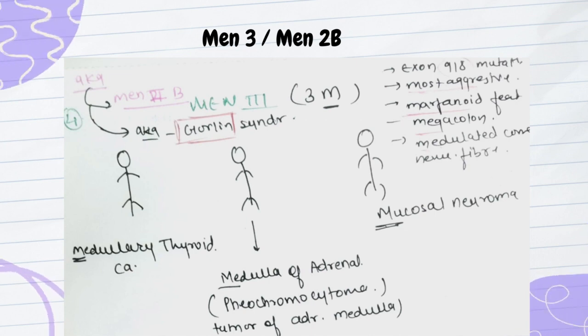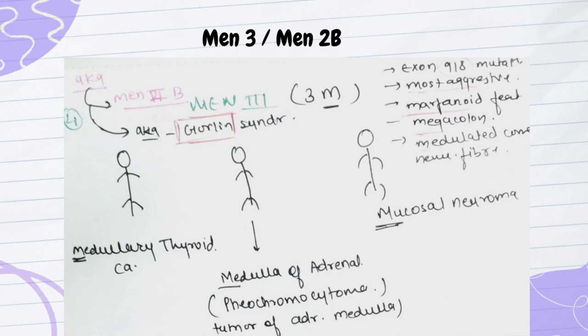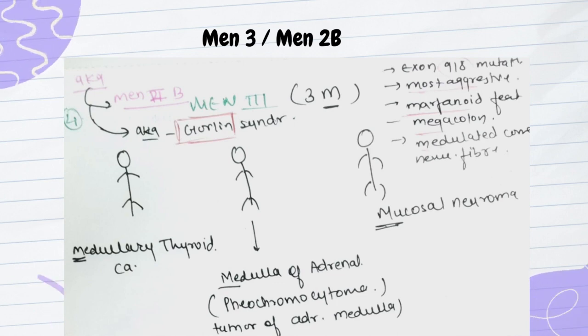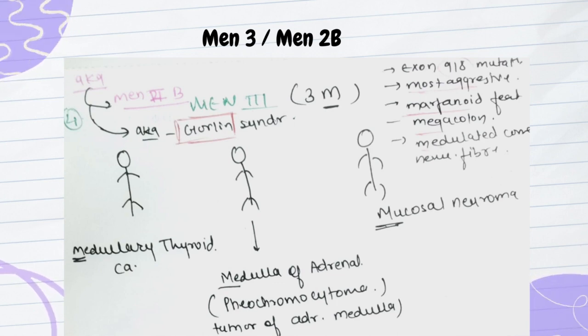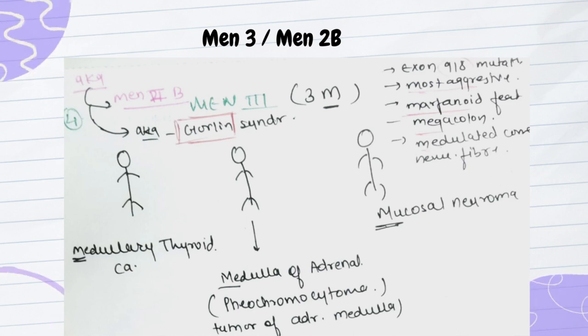In the last slide, we saw that MEN 2 has the 634 mutation, and this one has the 918 mutation. MEN 2B is the most aggressive. It has marfanoid features and megacolon, and medullary carcinoma of nerve fiber.